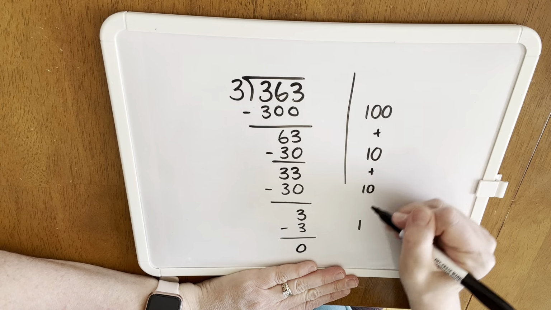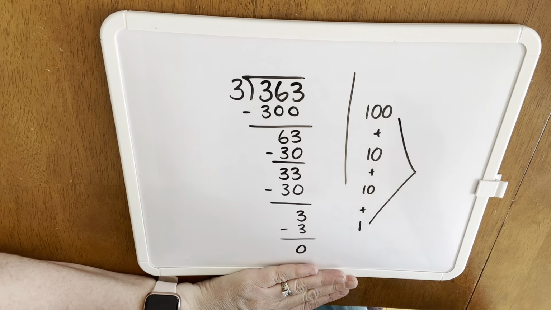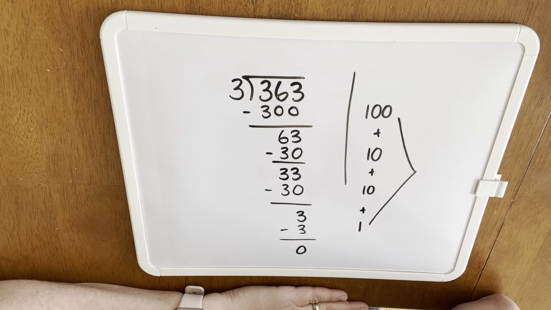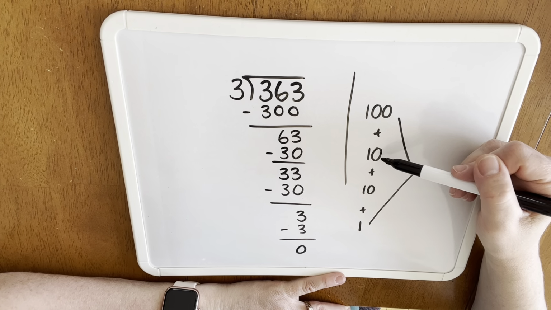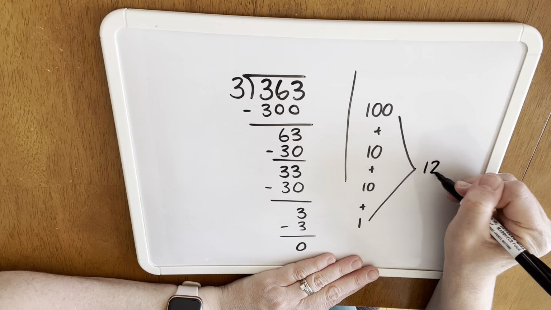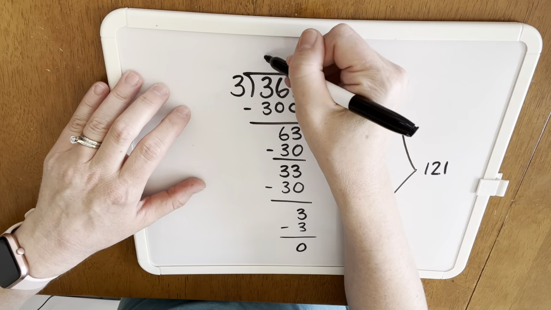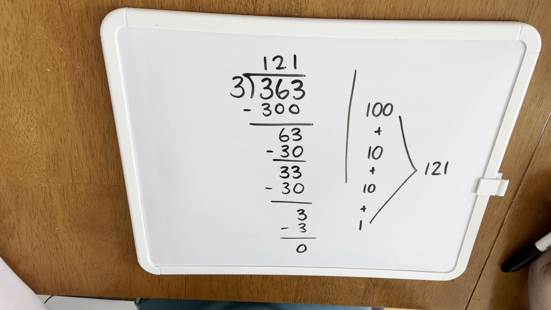Now the last thing that I need to do is add all of these numbers up to see what my answer, or my quotient, is going to be. So 100 plus 10 is 110, plus 10 is 120, plus 1 is 121. So my answer, or my quotient, would be 121.